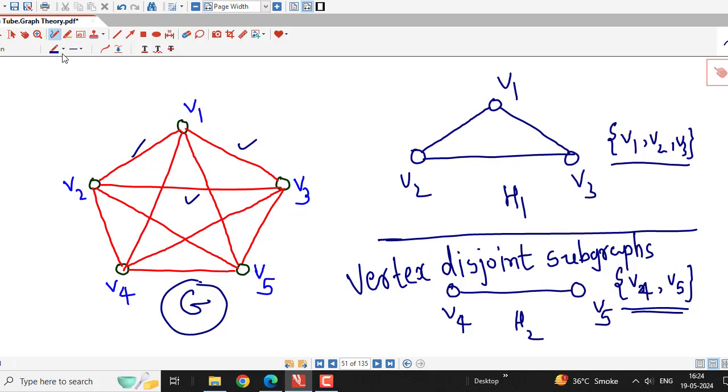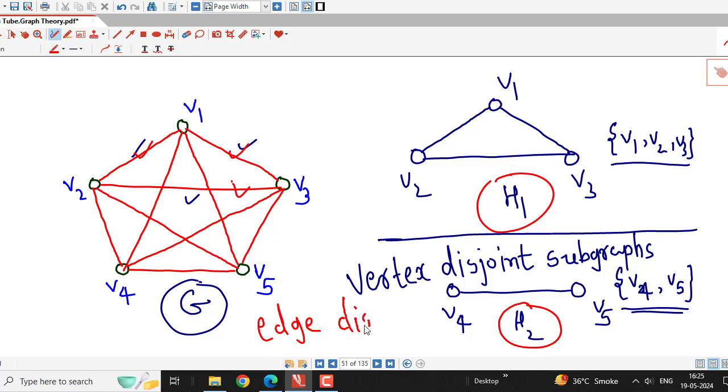Similarly, we can construct subgraphs in which there are no edges common. Here also you can see in these 2 graphs we have taken these 3 edges in H1 and we have taken only 1 edge in H2. So there are no edges common in H1 and H2. If that happens, then 2 subgraphs are known as edge disjoint subgraphs.